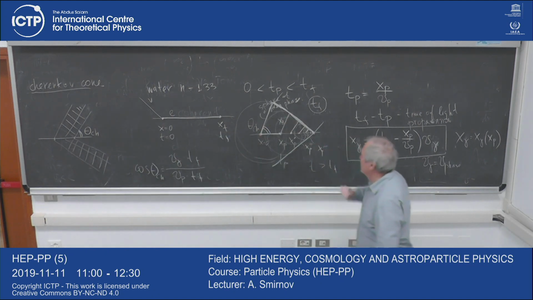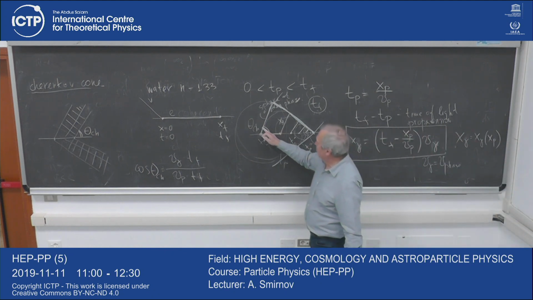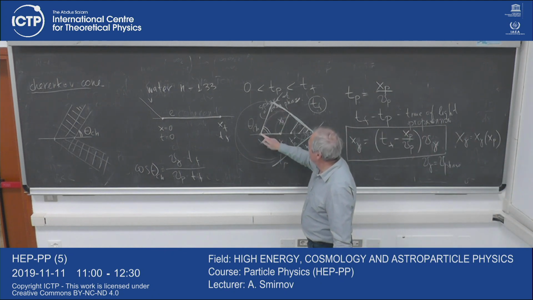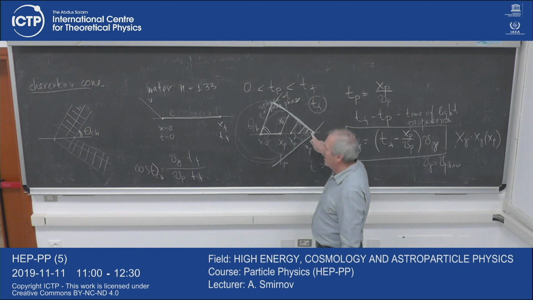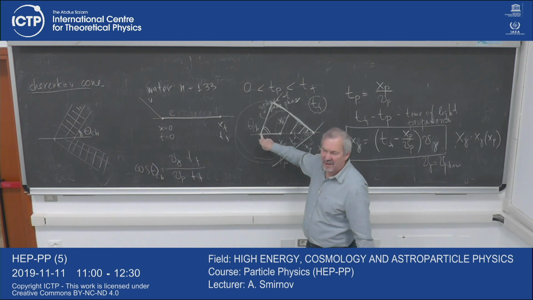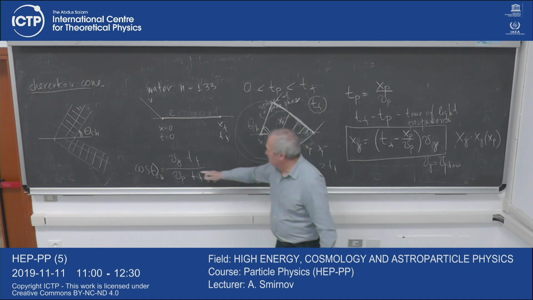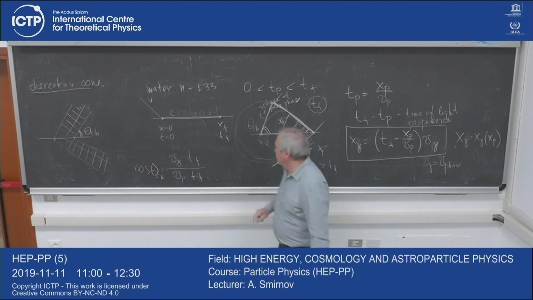So again, using this geometric picture, I can find the cosine of this angle, which is the ratio of this side over this. Okay? So this corresponds to propagation of the light when it is emitted at the initial moment t0, and so we find the length of this side, and this will be V gamma times TF.